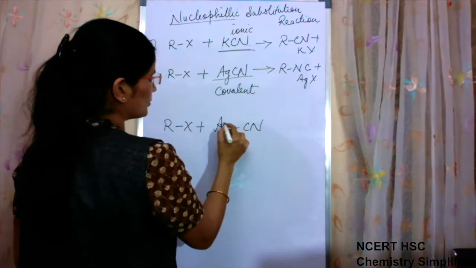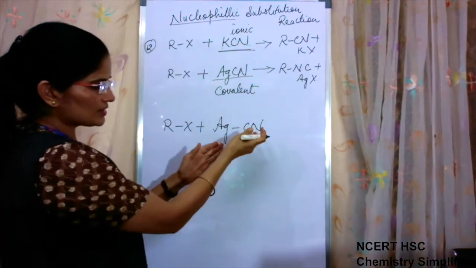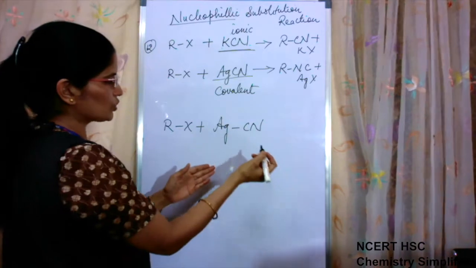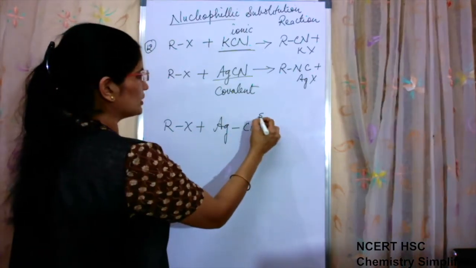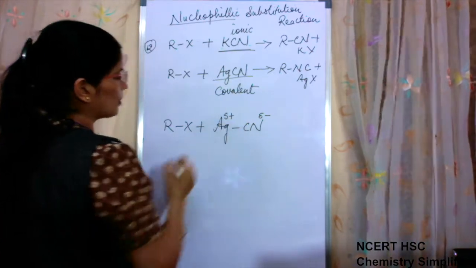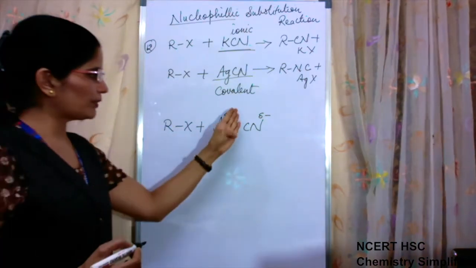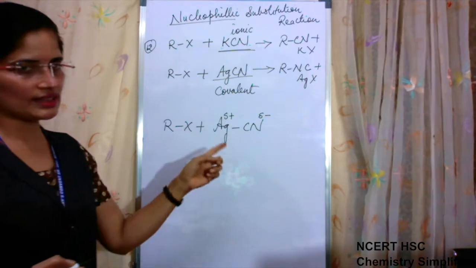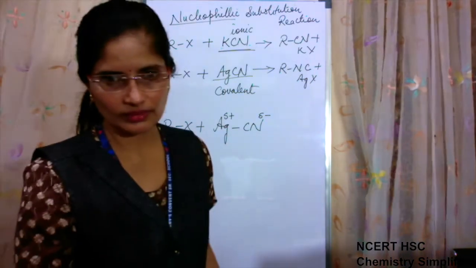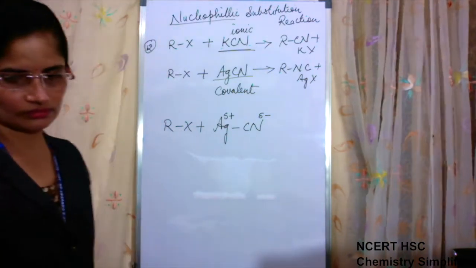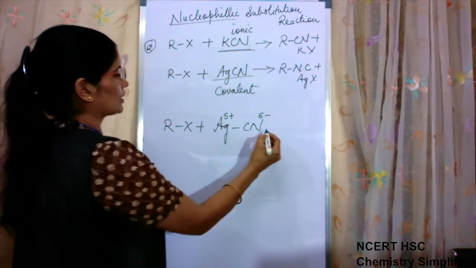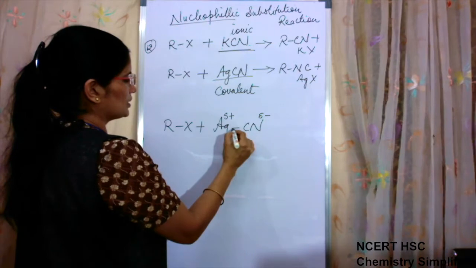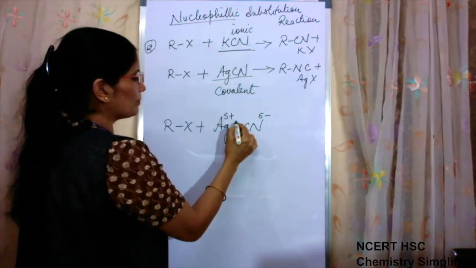See, in AgCN, there is a bond between the two. Because this bond is a covalent bond, whenever a bond is covalent, charges are never completely ionized, they are partial. So partial negative, partial positive. Before the breaking of this bond, the new bond will start forming. Because this is a covalent bond, it will not break completely.